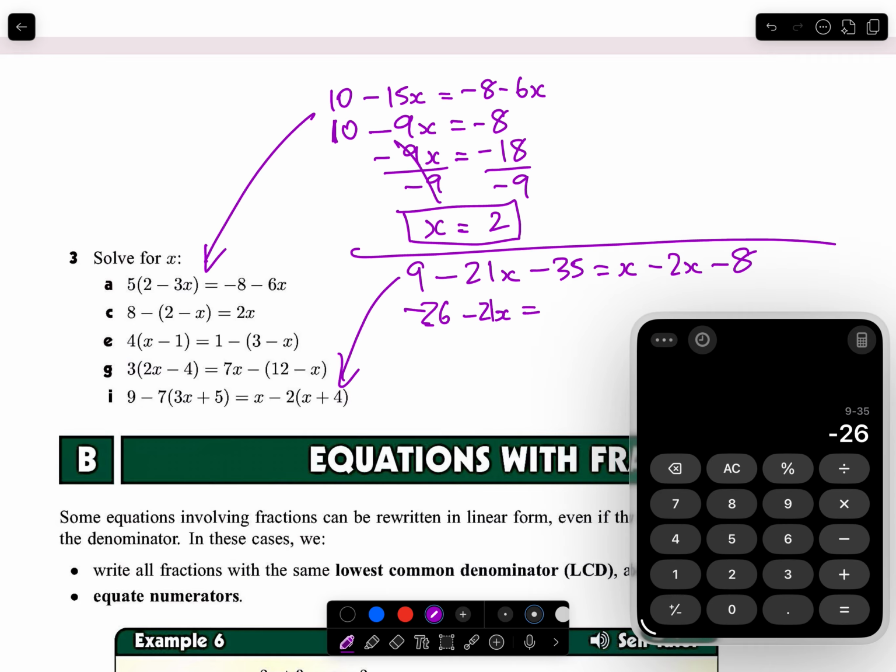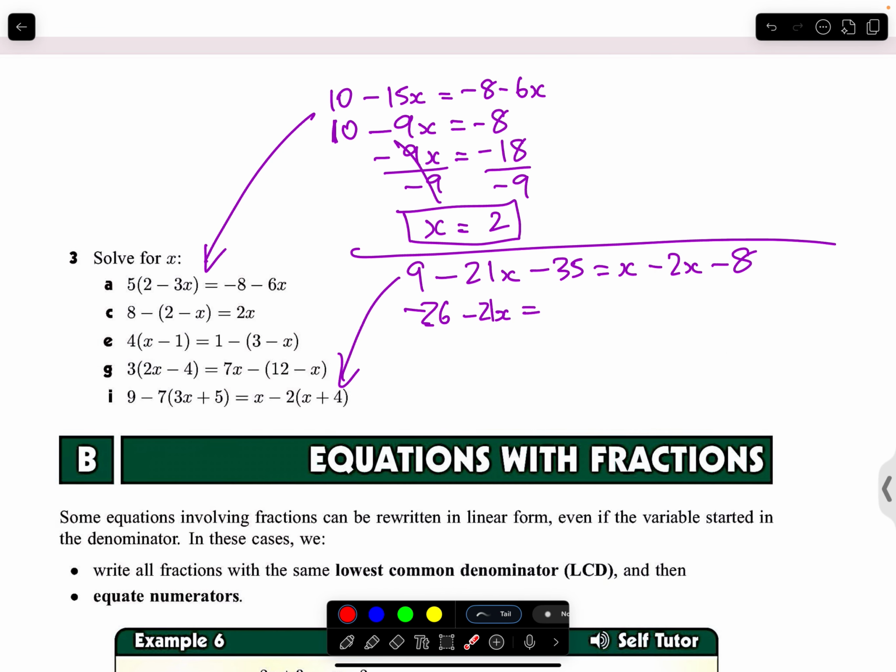I have x take 2x here. On the right-hand side, if I've got 1x take 2x, I'm going to have negative 1x from that, collecting the like terms, and take 8. Let's get all the x's on the left-hand side, so get rid of the negative 1x. The opposite of taking 1x is adding 1x.